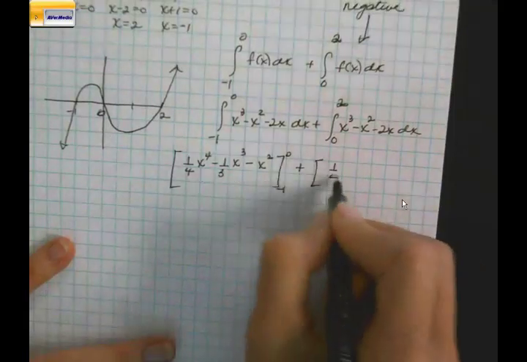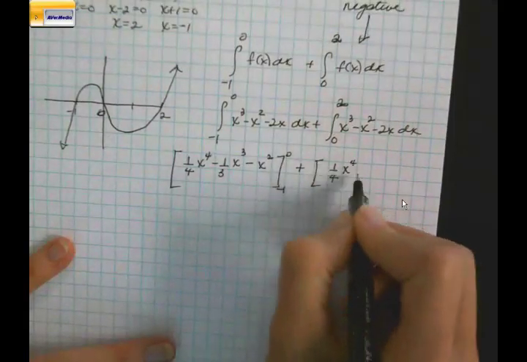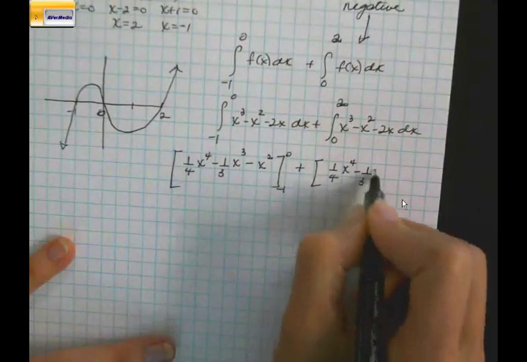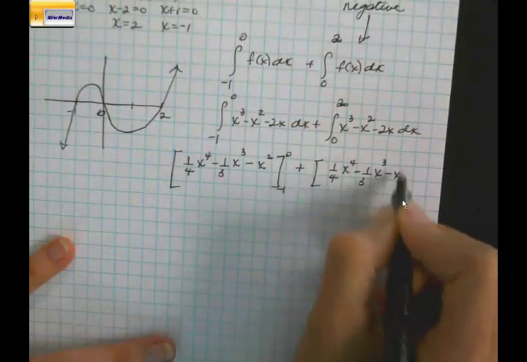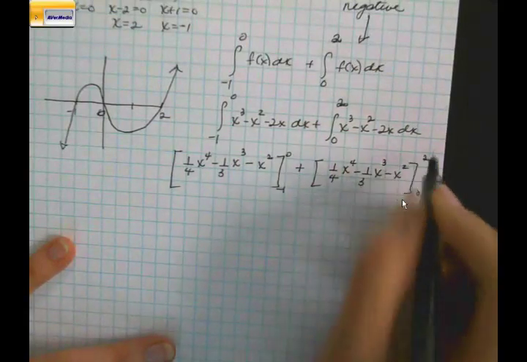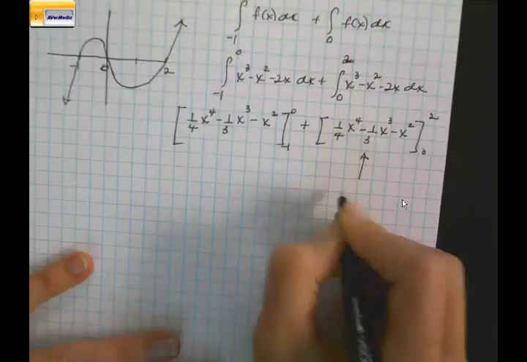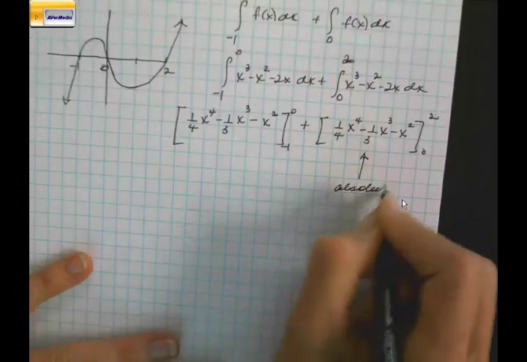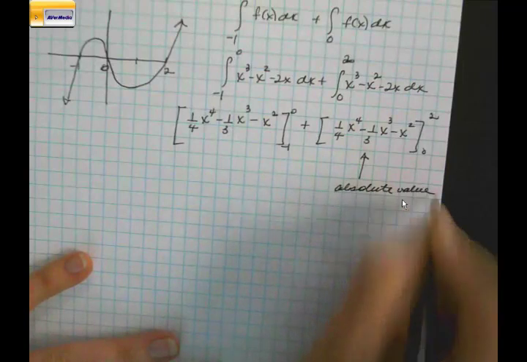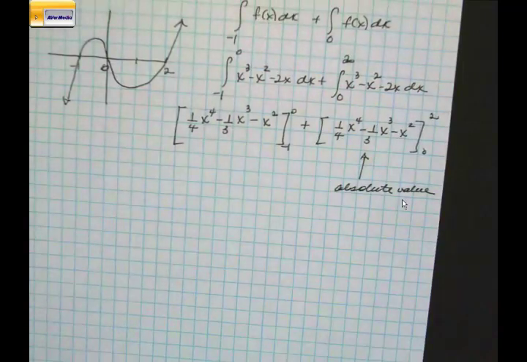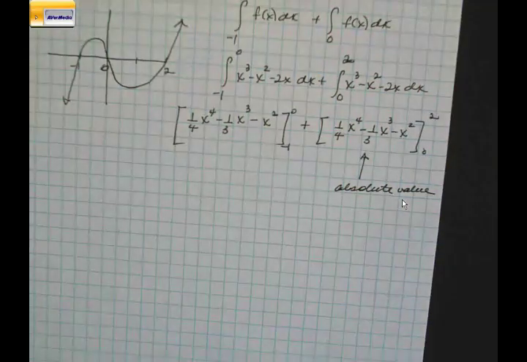And then it's going to again be 1/4 x to the 4th minus 1/3 x cubed minus x squared evaluated from 0 to 2. And this part, you're going to have to get a value which will be negative, and you will have to then take the absolute value of that in order to get the true area between the curve and the x-axis from -1 to 2.